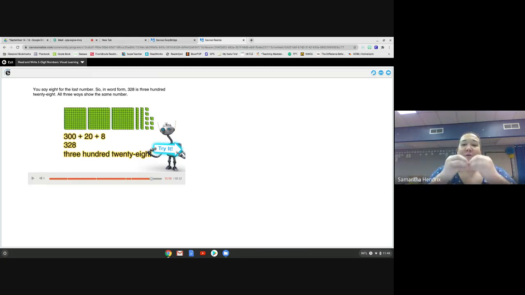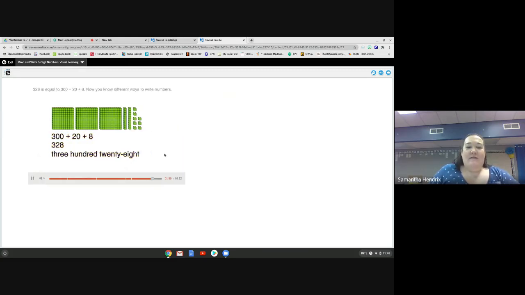So when we do expanded form, and we stretch that number out, we're writing all of the values of that number. So 300 plus 20 plus 8. This is expanded form. Standard form is just the number written normal, 328. And then word form is the actual words, okay?